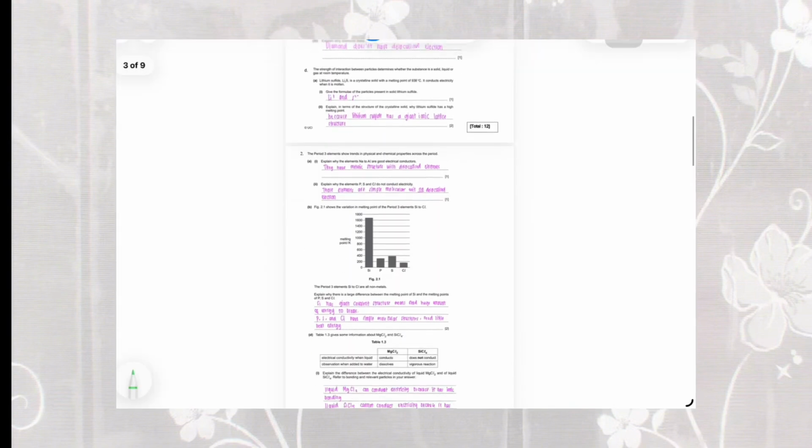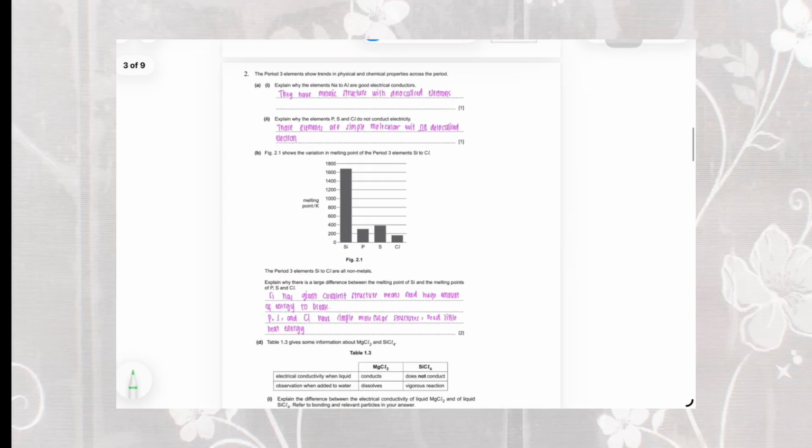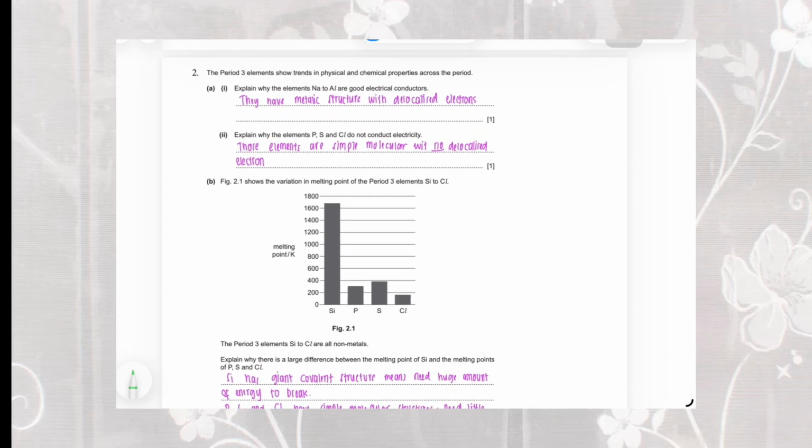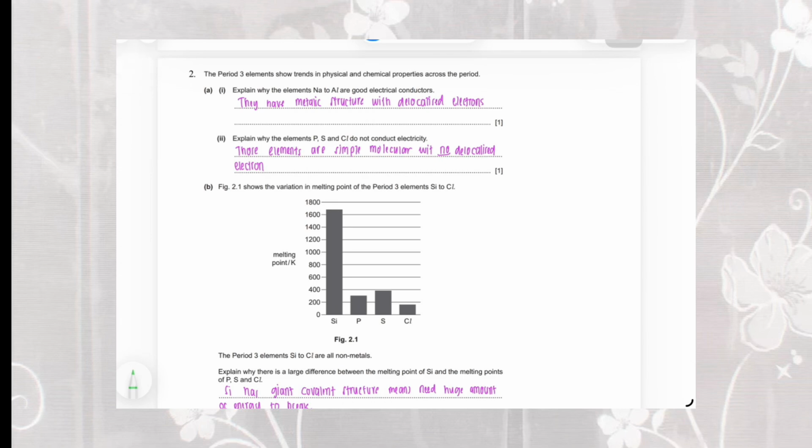Second question. 2. The period 3 elements show trends in physical and chemical properties across the period. A1. Explain why the elements Na to Al are good electrical conductors.